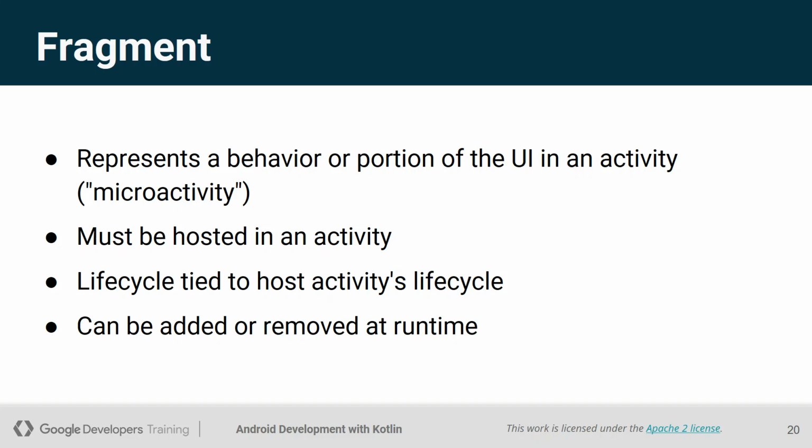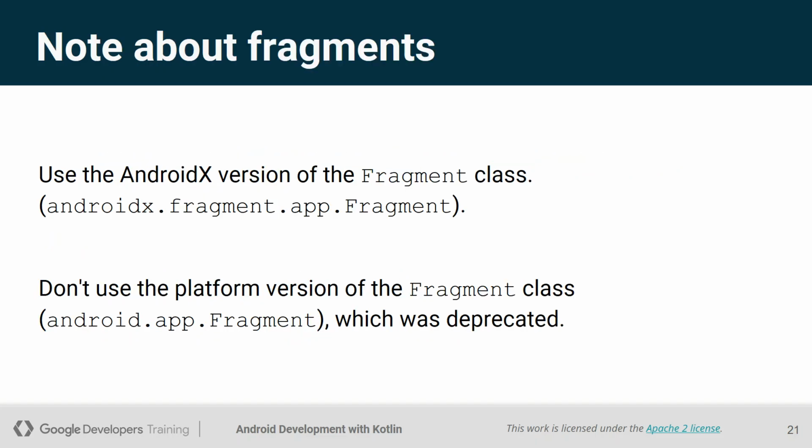It must be hosted in an activity, and a fragment is always tied to its host activity's life cycle and can be added or removed at runtime. So fragments are very, very important, and you need them. You can use the AndroidX versions that have the fragment class. You normally call them as fragments.app, and then you give the fragment name.